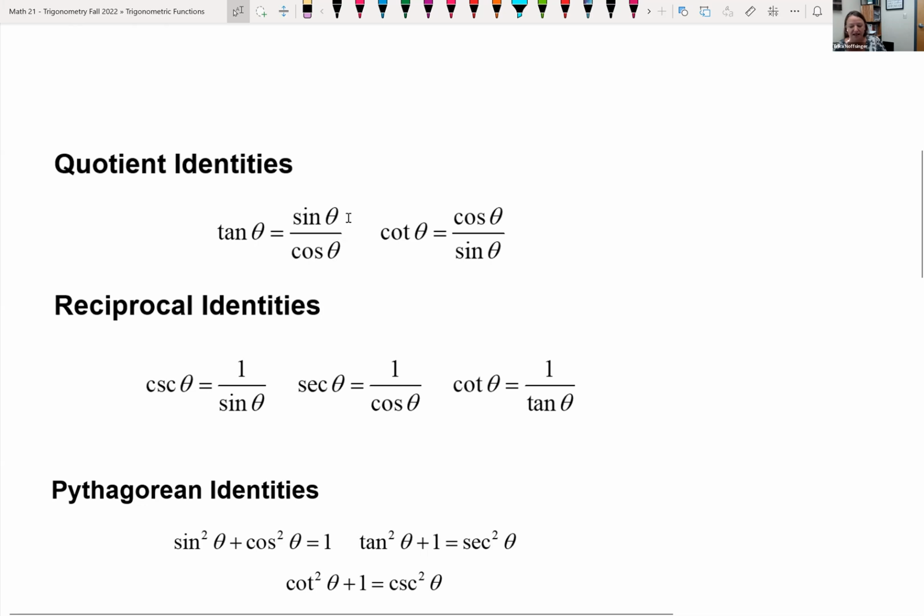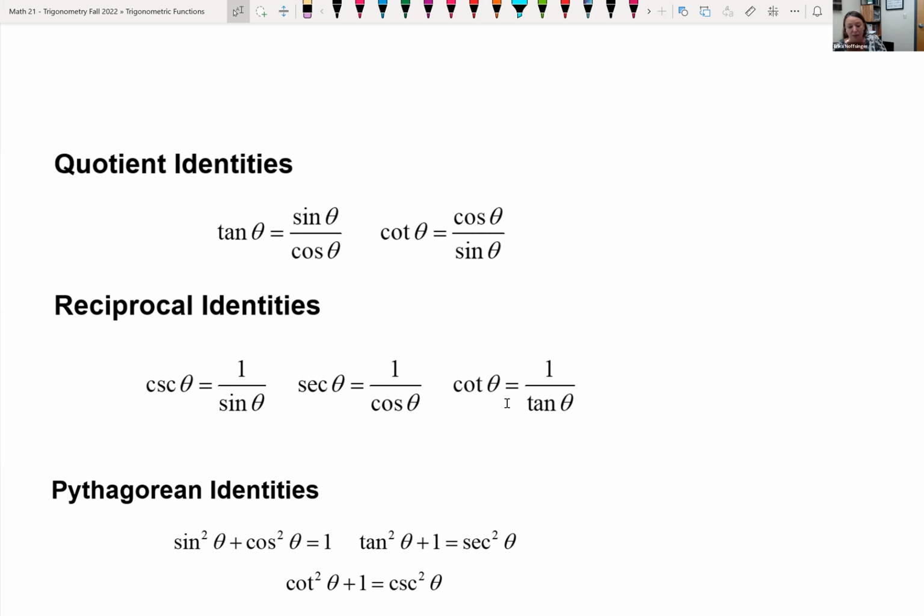Tangent theta is sine theta over cosine theta, cotangent theta is cosine theta over sine theta. You should also know your reciprocal identities, that cosecant theta, secant theta, and cotangent theta can be rewritten as, respectively, cosecant theta is 1 over sine theta, secant theta is 1 over cosine theta, and cotangent theta is 1 over tangent theta.